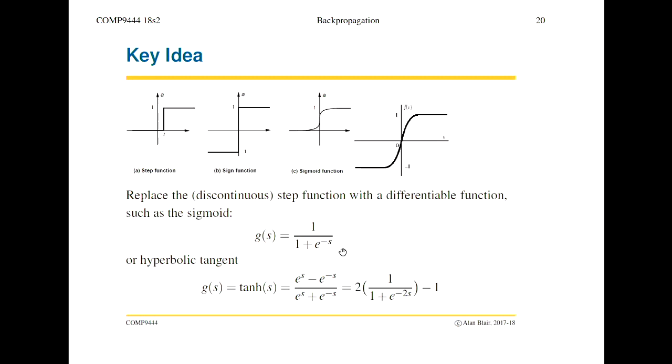If s is large but negative, then you get something close to 0. There's also a symmetry here: if I rotate this function about that point, it's preserved. That's not obvious from looking at this formula, but it's true.